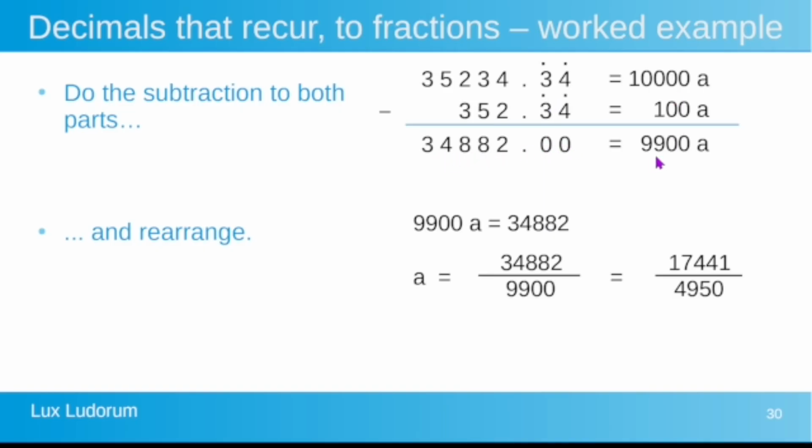And on this part we get 9900A, and we rearrange that. So I've dropped the decimal point here, I don't need that because it's an integer, and therefore dividing both sides by 9900, we get A is 34882 over 9900, and we can simplify that to this number here.